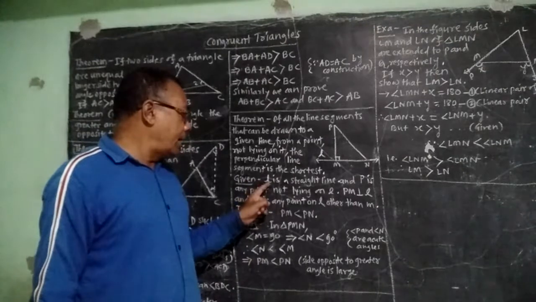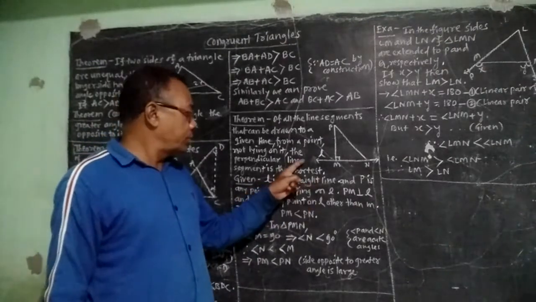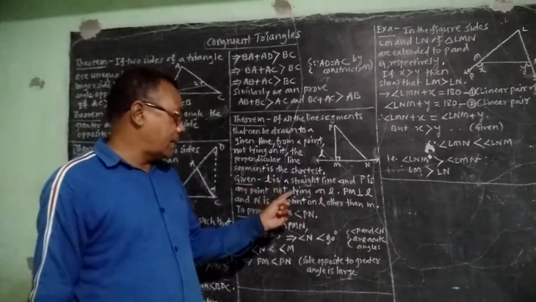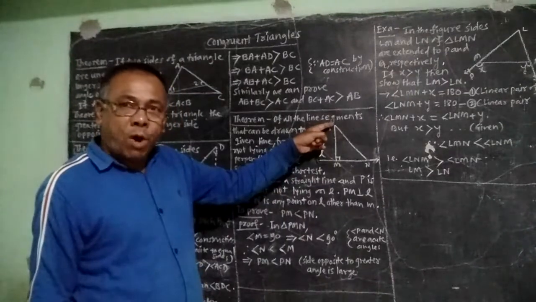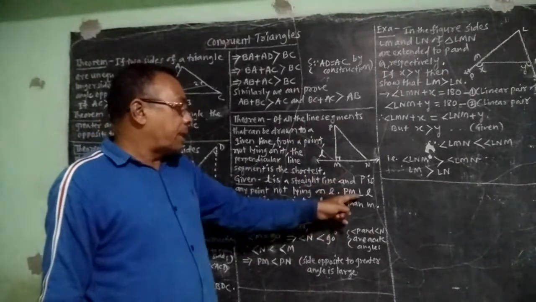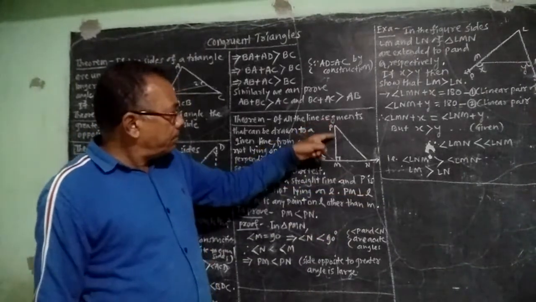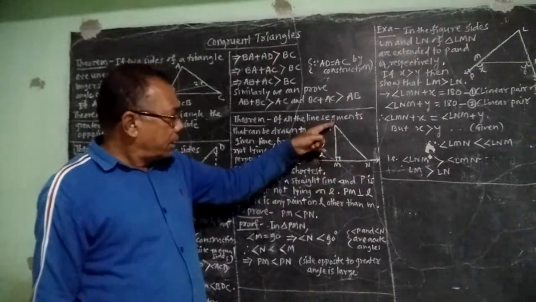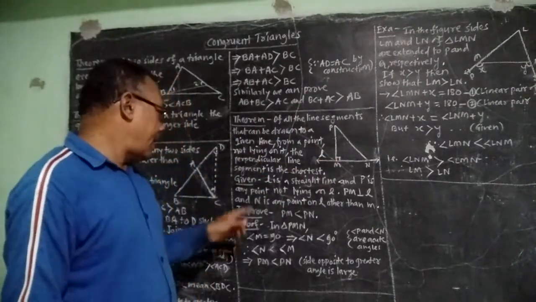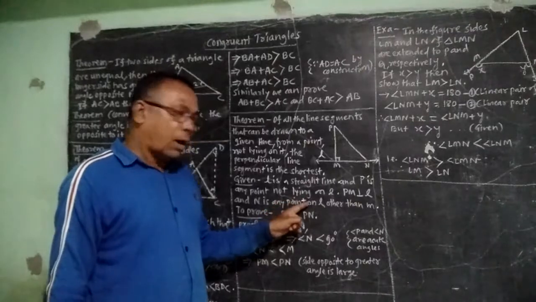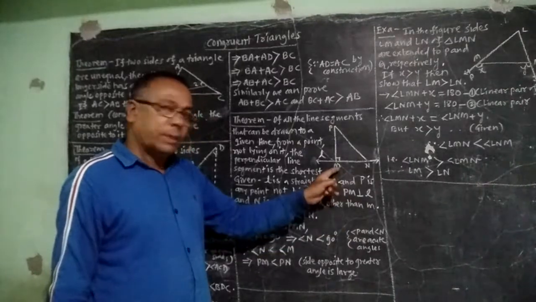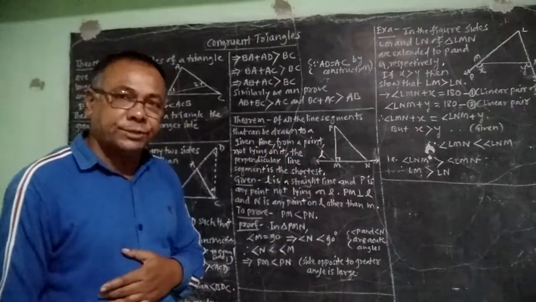Given: L is a straight line and P is any point not lying on L. PM is perpendicular to L, so angle PMN is 90 degrees, and N is any point on L other than M, means M and N are two distinct points.